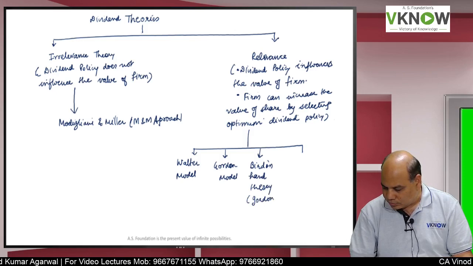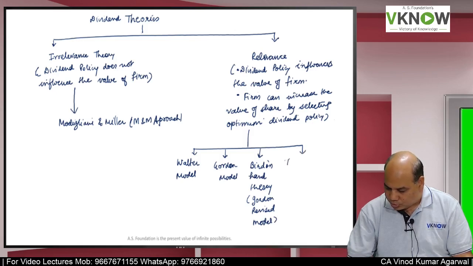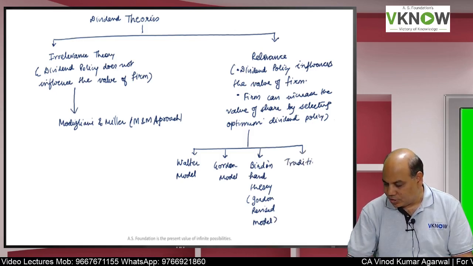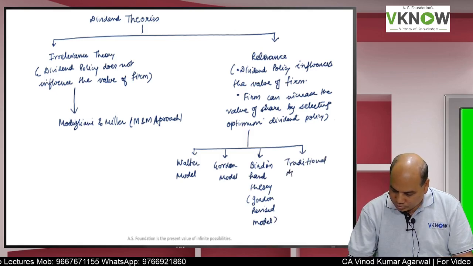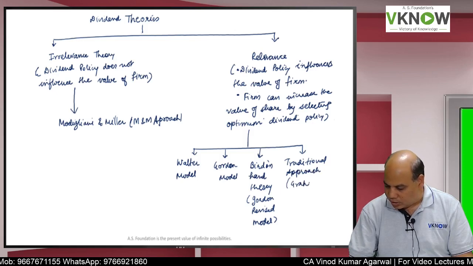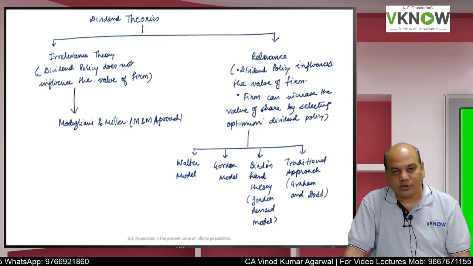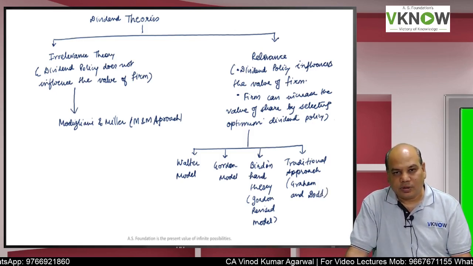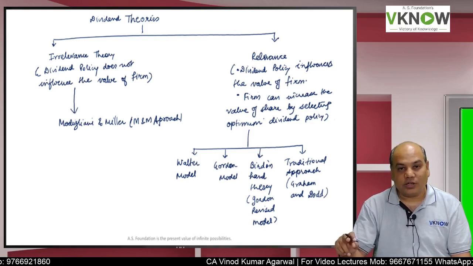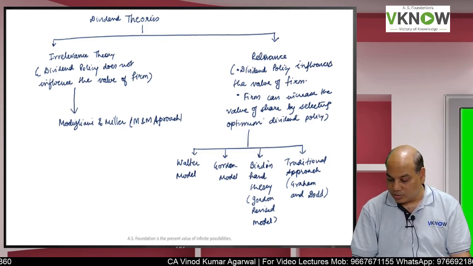So Gordon revised model and traditional approach. Who has given traditional approach? Graham and Dodd, D-O-D-D. They are very popular economists. Now they have died, but Graham has written a book also, The Intelligent Investor, which is a very popular book. Benjamin Graham, yes, you're right.